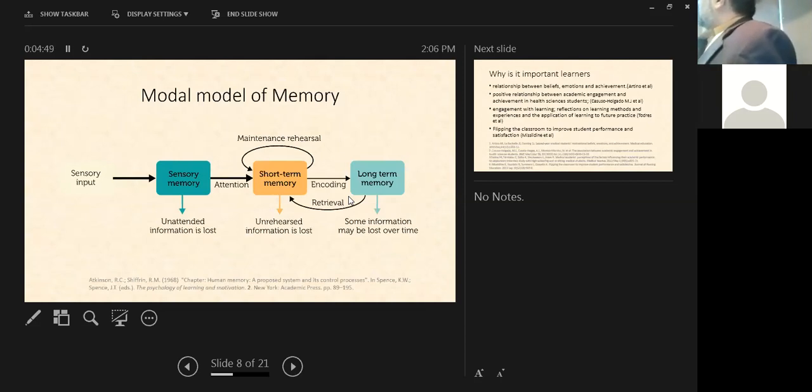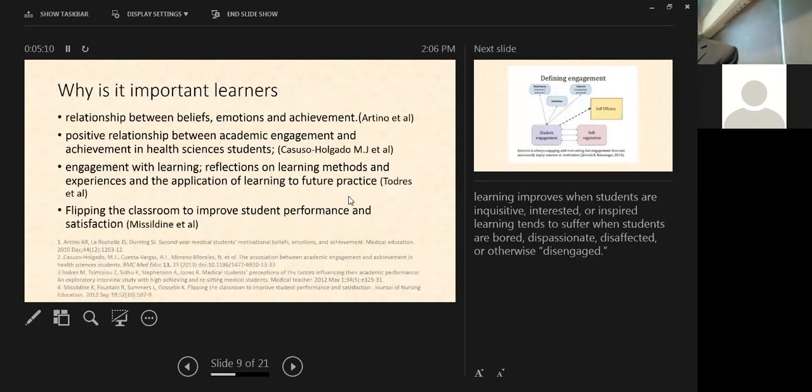For this, the important thing is attention, because whatever you're not paying attention to, that sensory input is lost. So if you have good engagement, you have good attention, good processing, good encoding, and long-term memory improves. And this has been shown in the literature.